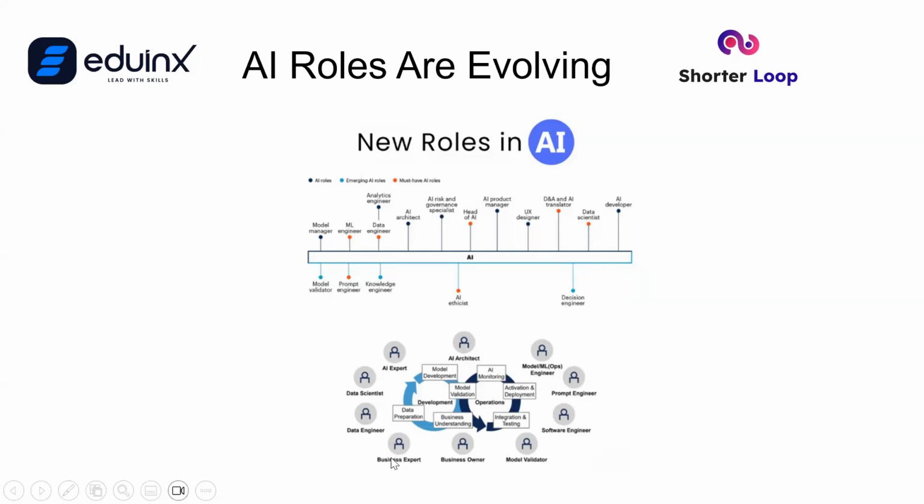Below, you see business owner and business expert. You guys are actually a pseudo business owner and also the business expert. So for you, business understanding is key, and ensuring that when the data is getting prepared, you are working with them to create those data rules and making this transparent to all the organization's people, and creating a champion from every team so that you get the support while you are doing something new.